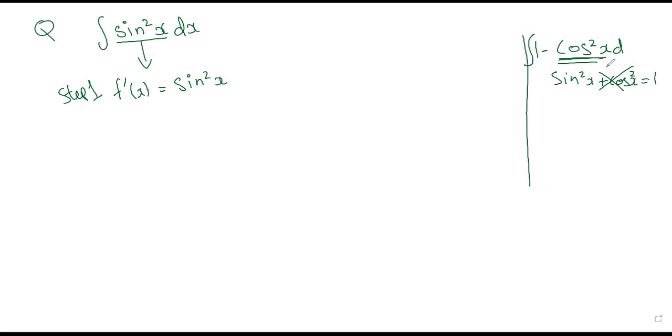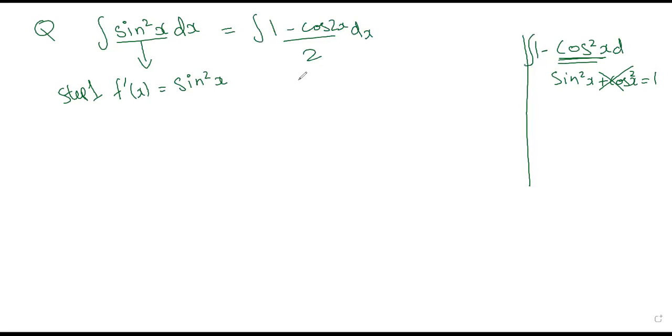Cos square is not a derivative. You know that, right? Yes. So we basically convert this to 1 minus cos 2x by 2 dx.